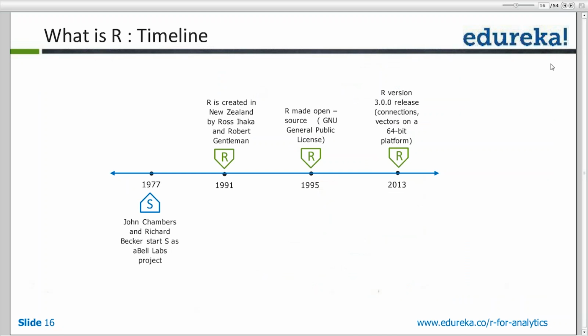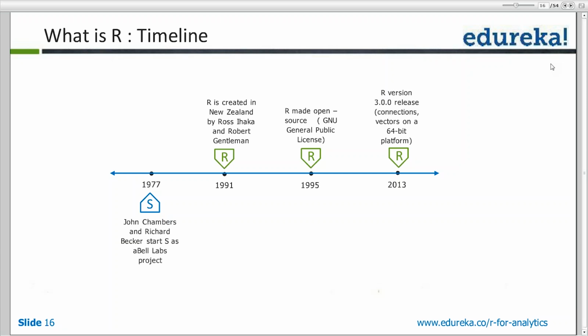Okay, so this slide presents us a timeline of the development of R. So it all started in 1977 in Bell Laboratories, where John Chambers and Richard Becker started the S programming language. S was implemented as the R programming language later in 1991 by Ross Ihaka and Robert Gentleman.